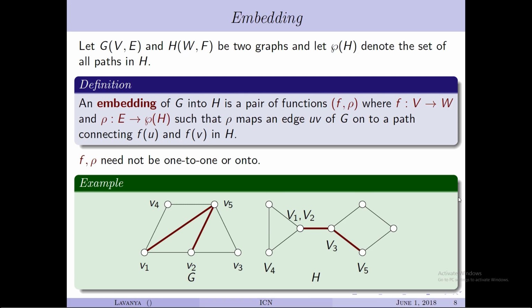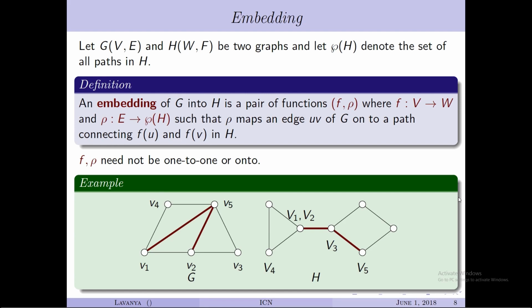To give you an example, just consider this G and this H. I have given you a mapping where the small alphabets V1, V2, V3, V4, V5 are mapped into capital alphabets here. V1 is mapped to this node, V2 to this node, V3 to this, V4 to this node, and V5 to this. So, this is an embedding.